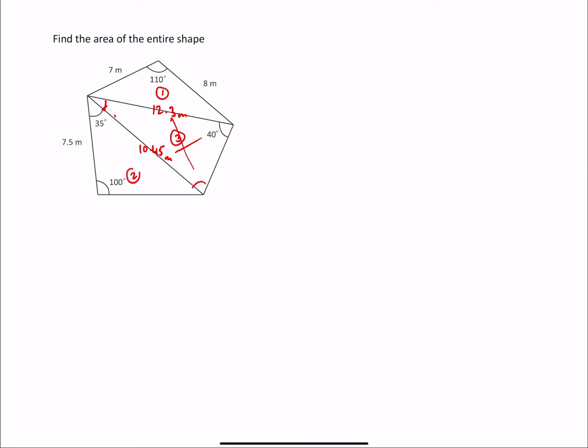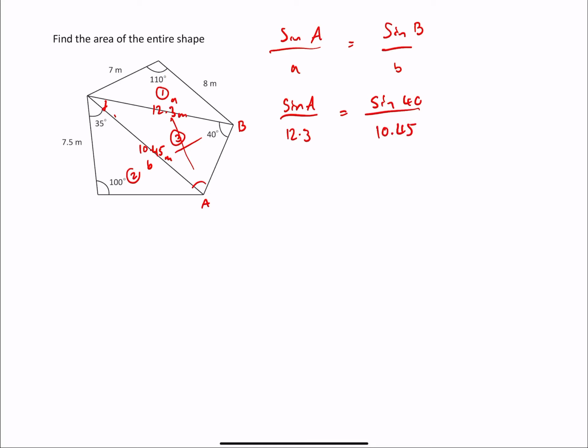So let's call my unknown angle A, side opposite A, other angle B with this angle side opposite B. So I'm using sine A over A equals sine B over B now. So I don't know capital A, I do know lowercase a, 12.3 equals sine 40 over 10.45. Rearrange this to become sine A equals sine 40 over 10.45 times 12.3.